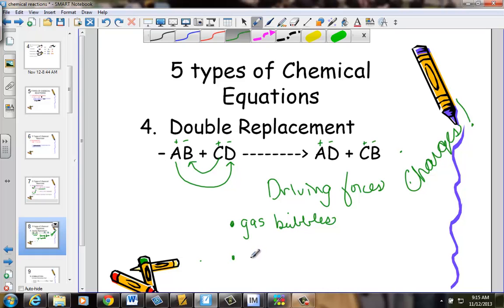A second possibility of a driving force for a pattern of double displacement is the formation of a precipitate. Sometimes I'll abbreviate a precipitate as PPT, a PPT, precipitation. You've seen evidence of this change before in our journey of chemistry back in our laboratory.